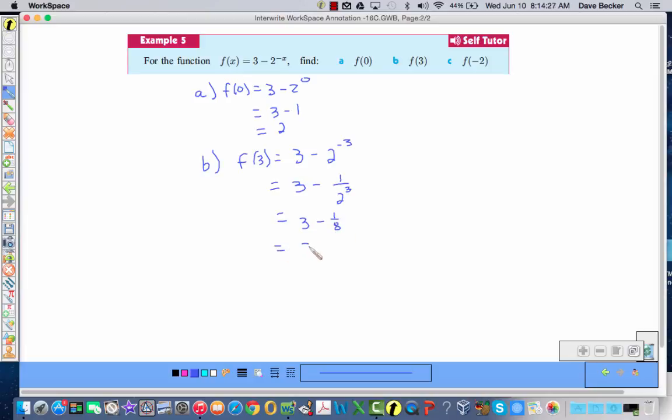So that would be 2 7/8, which we could also write as 23 over 8 if we wanted to. Okay? And then for c, they're asking us to find f of negative 2. That would be equal to 3 minus 2 to the negative negative 2, which would be 3 minus 2 to the 2, or 2 squared. So that would be 3 minus 4, which is negative 1.